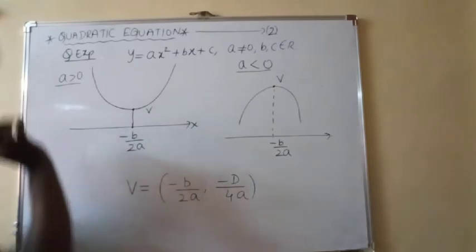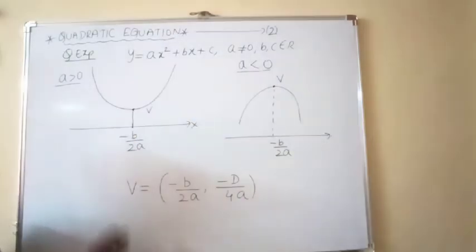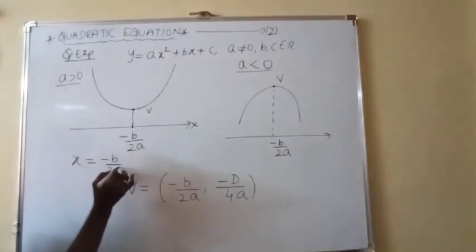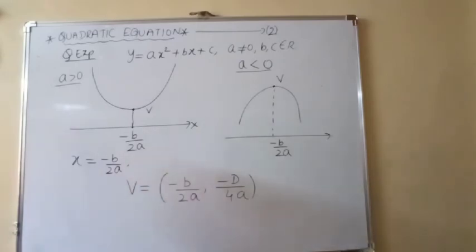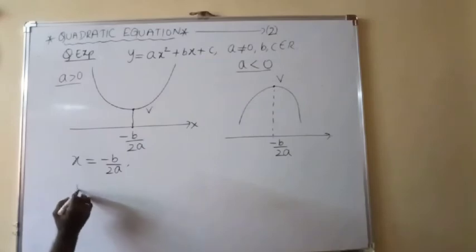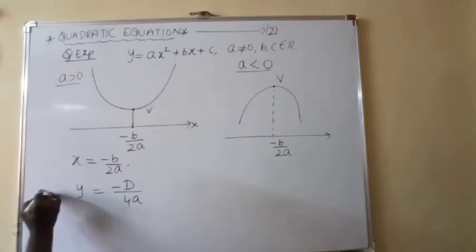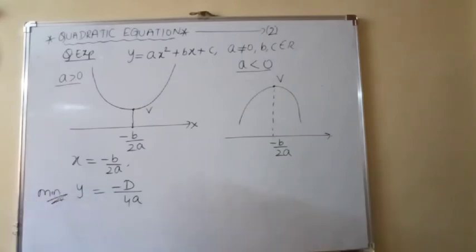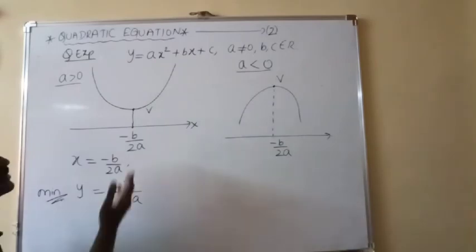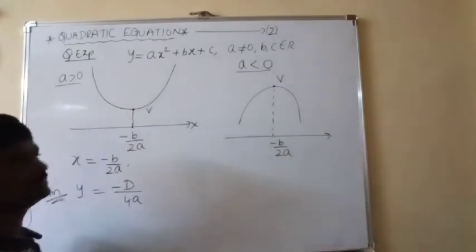So when a is positive, the function has a minimum when x is equal to minus b by 2a, and the minimum value of the function is minus d by 4a. It has no maximum value, because extending to plus or minus infinity, the graph tends to infinity.